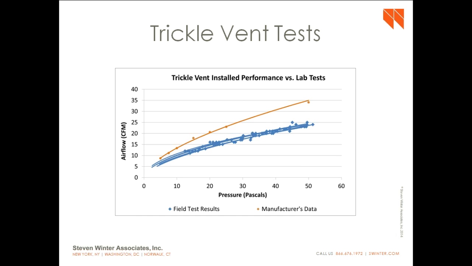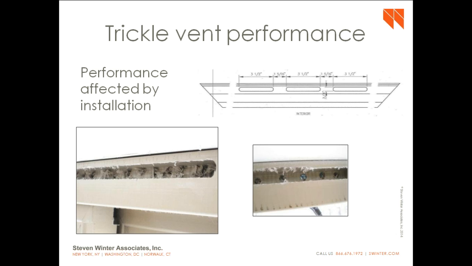So ours differ from the lab results, probably for a few reasons. Maybe my cardboard box isn't completely airtight, but there's probably also some other factors contributing to this. In some buildings, we find that performance of the trickle vent is actually affected by the way it's installed.